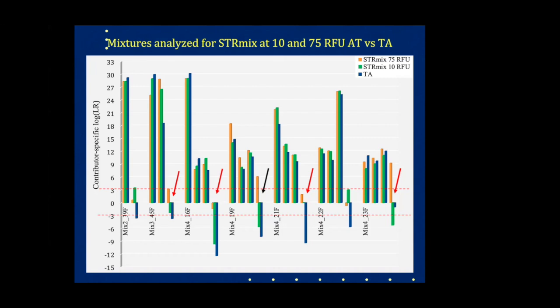It's even a little bit lower than what TrueAllele generated. For two of the mixtures, mix 239F and mix 422F, the log LR for STRmix actually increased, and for mix 239F it became slightly inclusionary, just above a log 3.